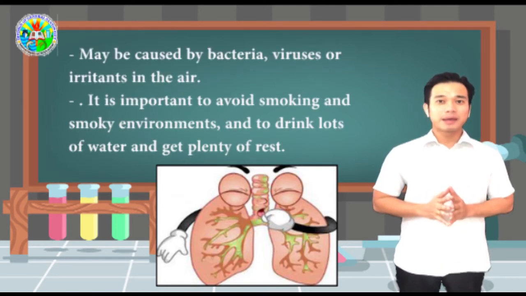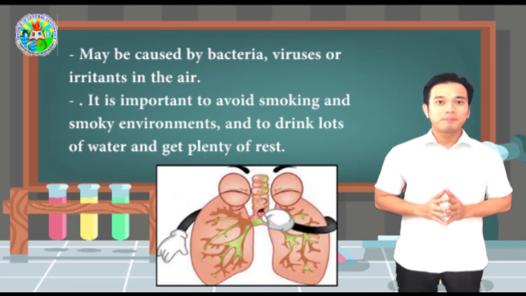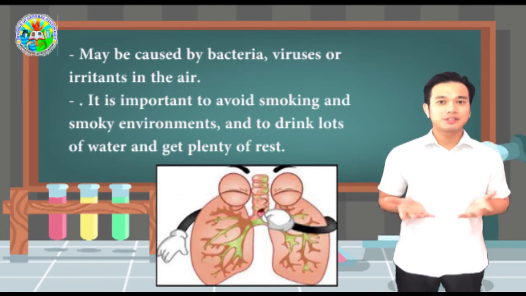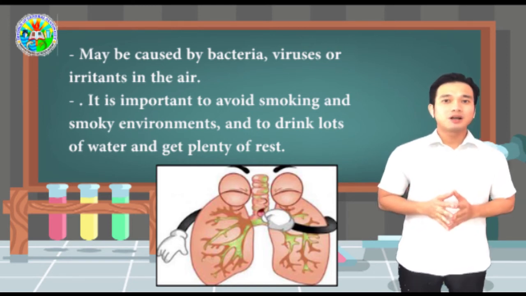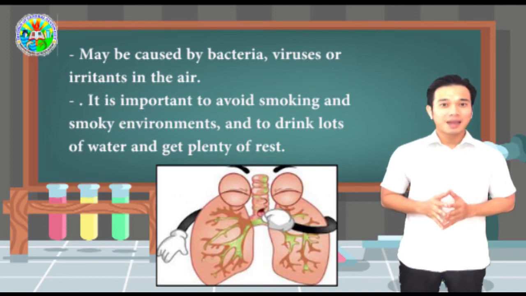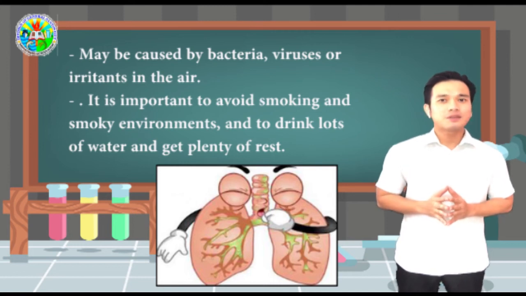Bronchitis may be caused by bacteria, viruses, or irritants in the air. There is no cure for chronic bronchitis, but there are several medications to help relieve symptoms. It is also important to avoid smoking and smoky environments, and to drink lots of water and get plenty of rest.